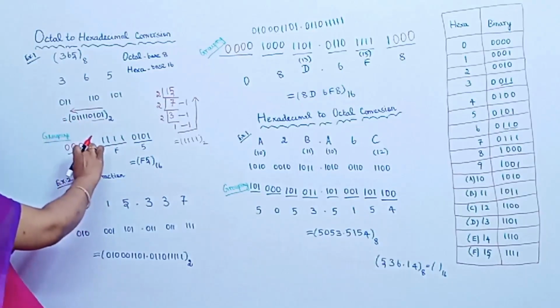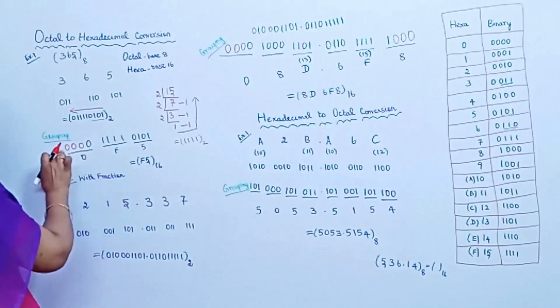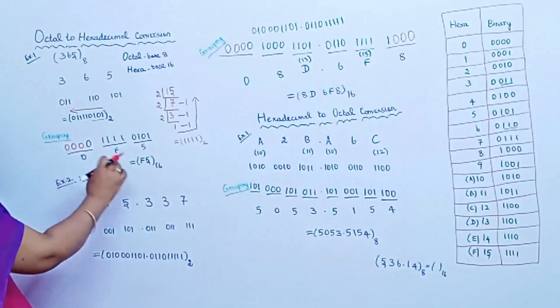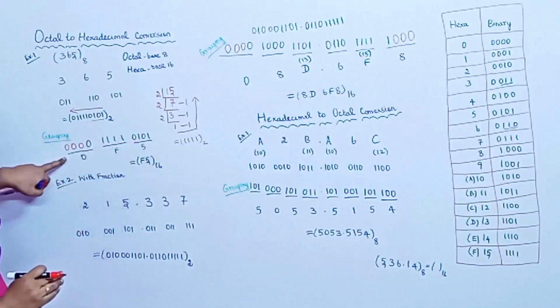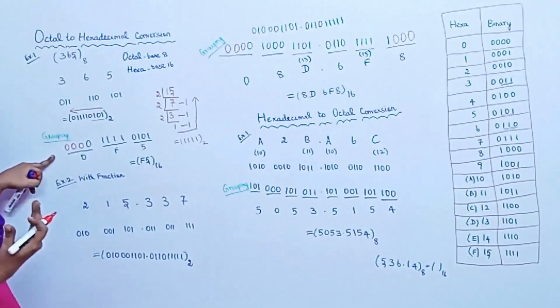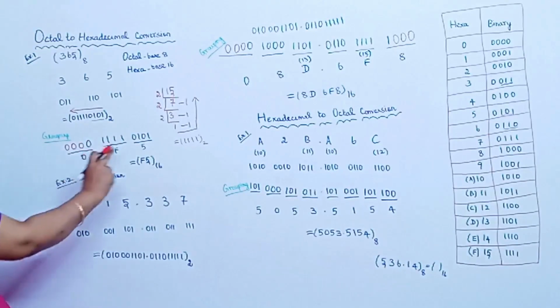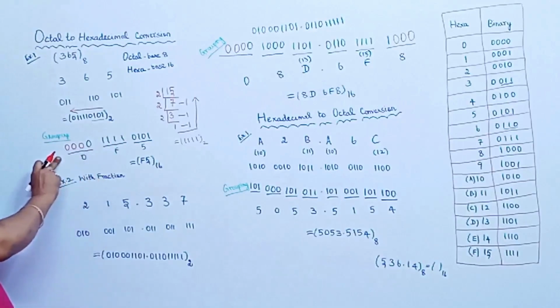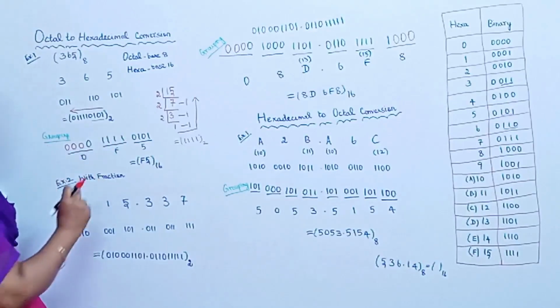In order to convert to hexadecimal, we have to add 3 zeros. Adding zeros on the left doesn't change the value, but according to the rule, for converting to hexa, we add 3 zeros on the left side.